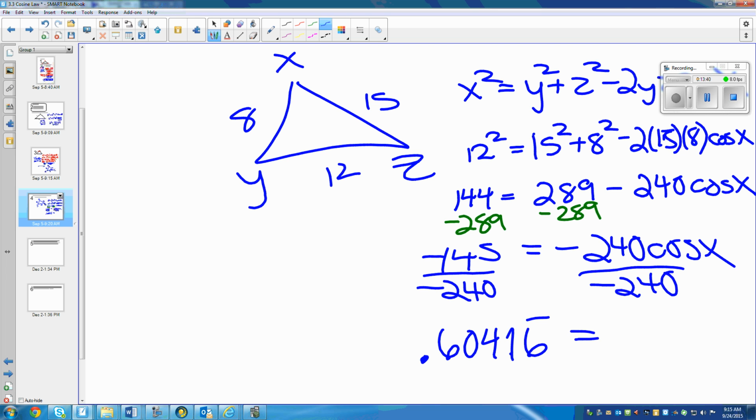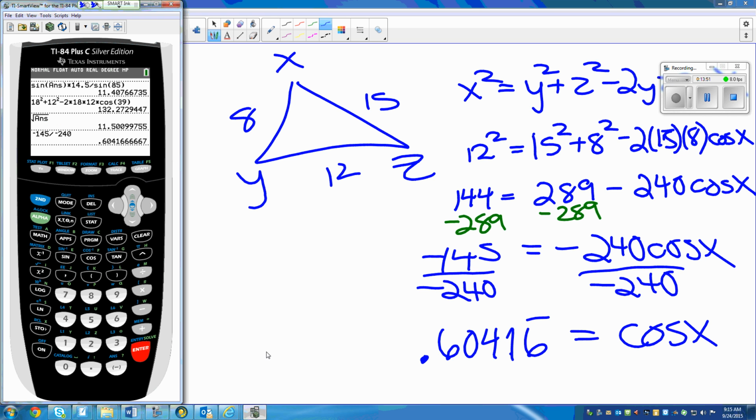How come it's not negative, you guys? Because a negative divided by a negative equals positive. So now to solve for angle x, second cos, second answer gives me 52.83.